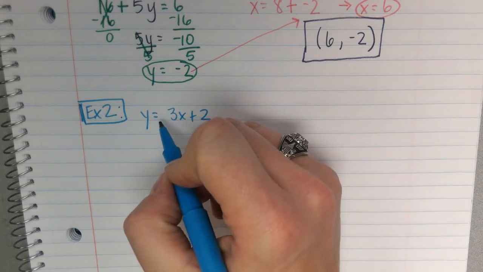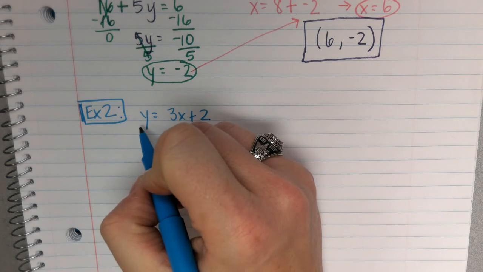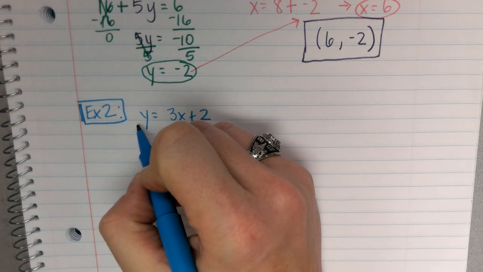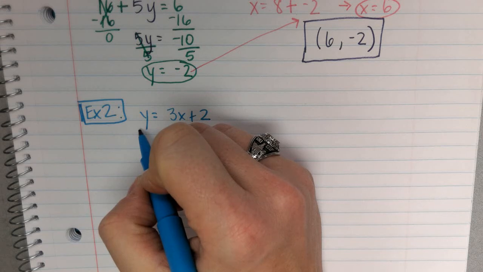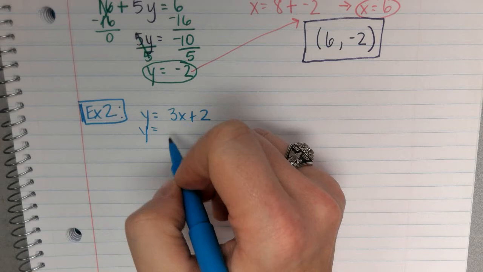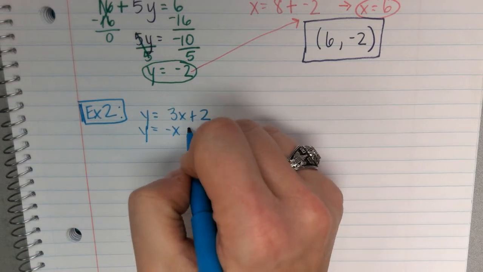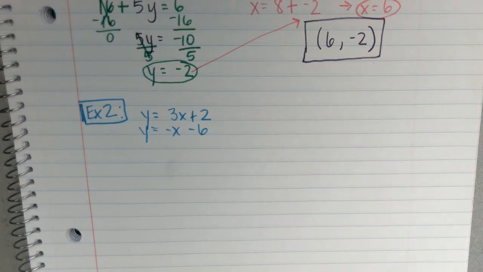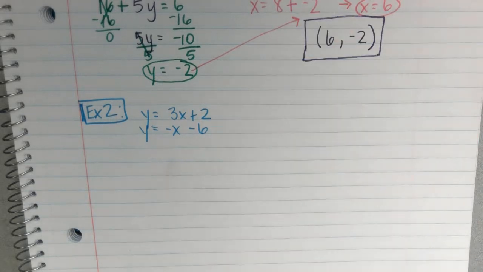And then we also know that y equals negative x minus 6. Those are your two systems.